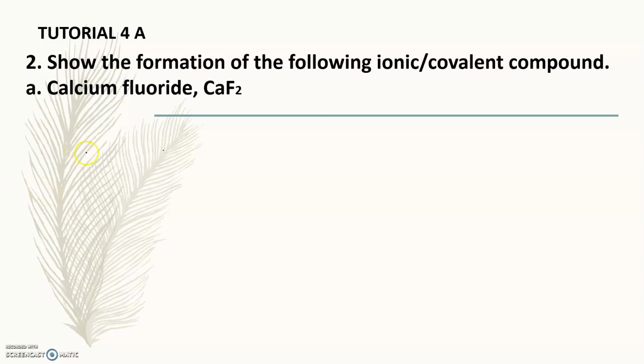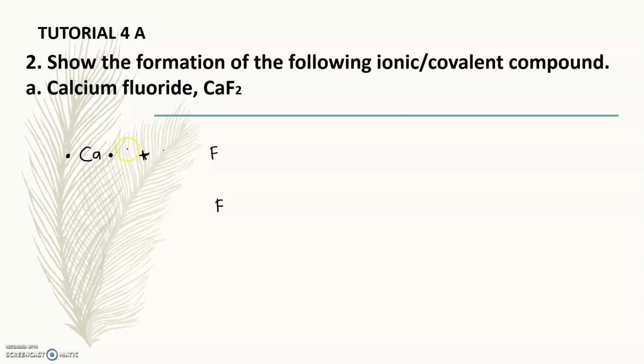So when we look at calcium, it comes from group 2, so it has 2 valence electrons. So we draw the valence electrons, plus fluorine, 2 atoms of fluorine.